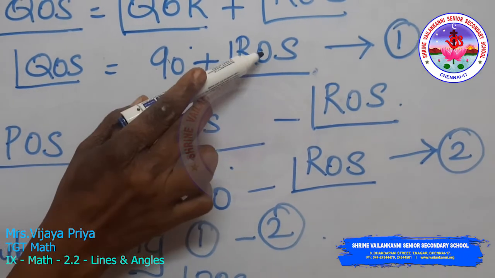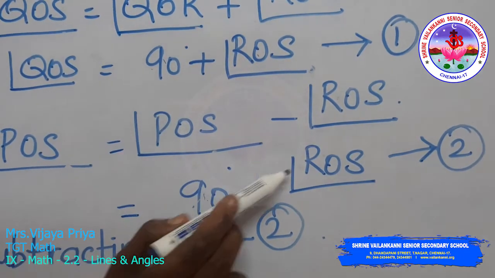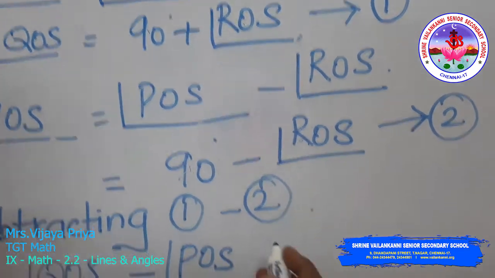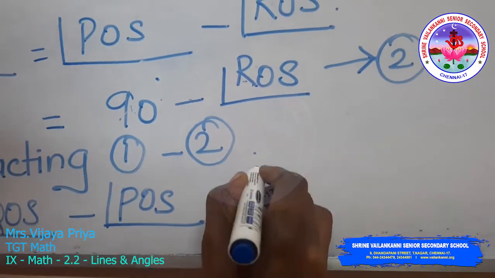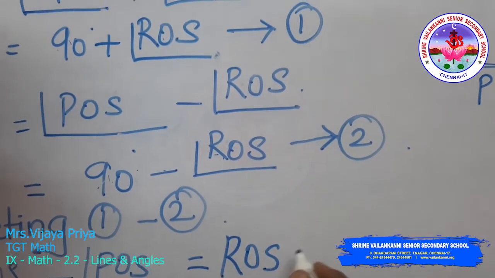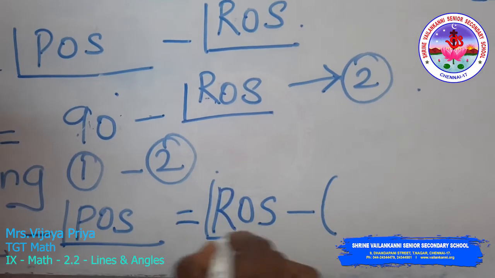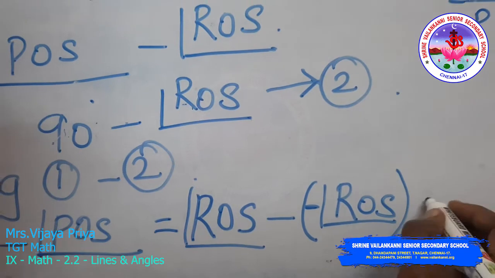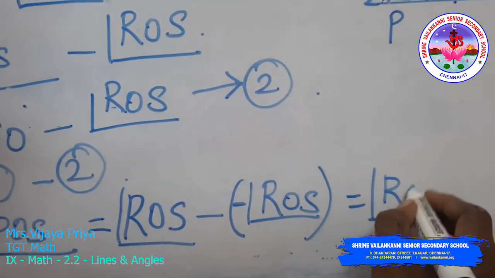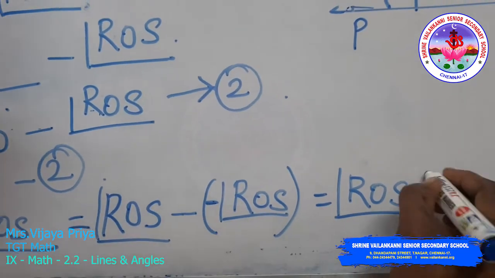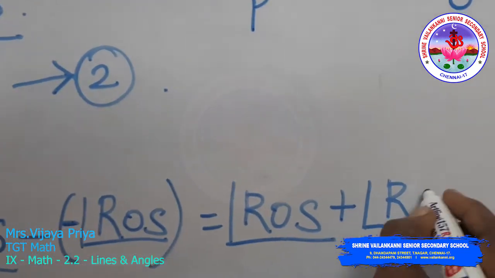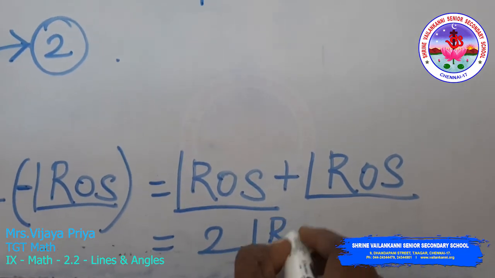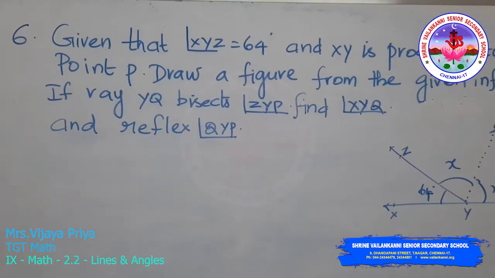I have the remaining ROS minus minus ROS, and minus of minus ROS becomes plus ROS, which is equal to 2 times angle ROS.